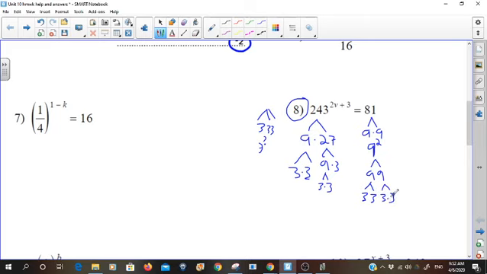Cool. Okay, so now we found our base. Our base is going to be 3 on both sides. And so how many 3's do I have? Well, I have 5 of them here. 1, 2, 3, 4, 5. And so this is going to factor into 5 of them. So we're going to do 3 to the 5th power. Okay?